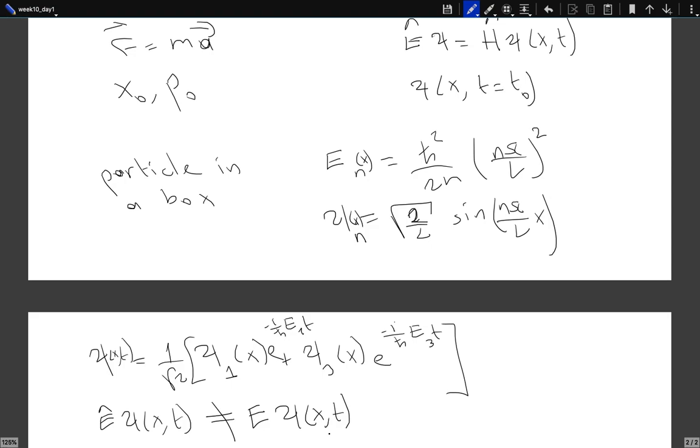Here in quantum physics, I can prepare my system in a special way such that the wave function can have this form. If the wave function has this form, and then if I go and measure the energy of the particle, the energy will be either E1 or E3. Quantum physics doesn't tell me which one I will measure, but it tells me that if I measure the energy, its energy will be either E1 or E3.